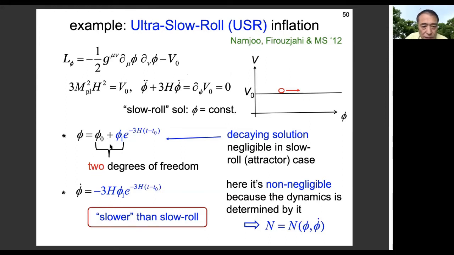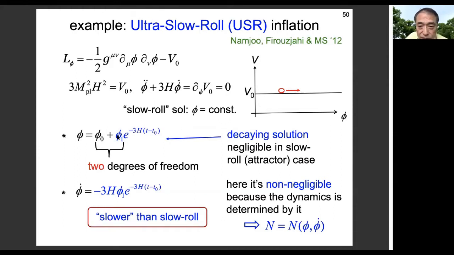Which means that the value of phi by itself does not determine the number of e-folds, the evolution of the universe. Both the value of phi naught, this constant, plus this decaying component carry information. Two degrees of information are necessary to solve the background equation, right?